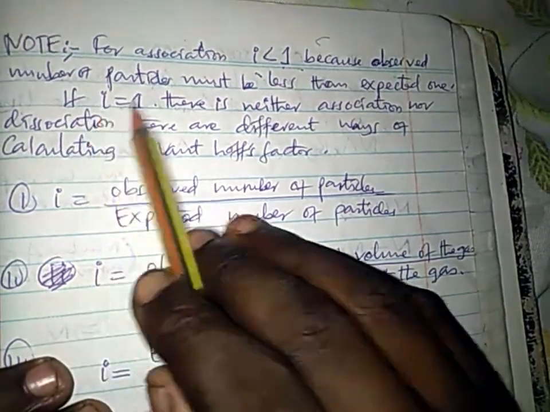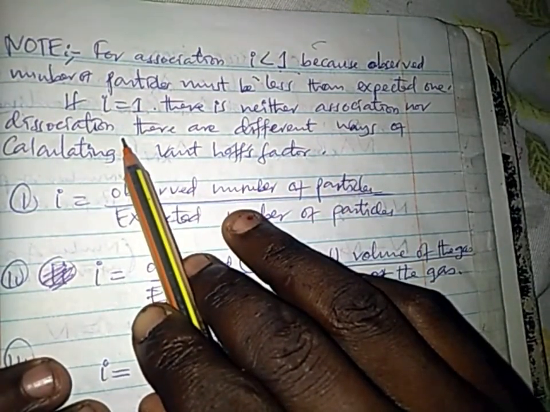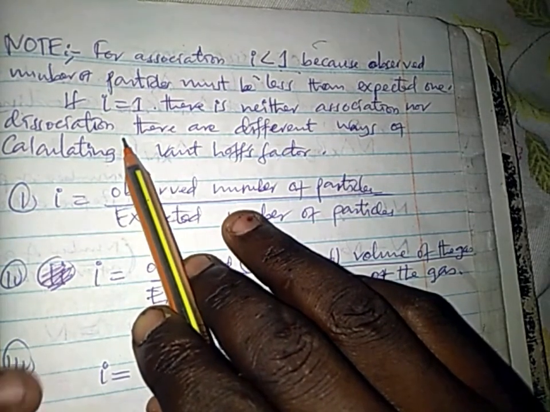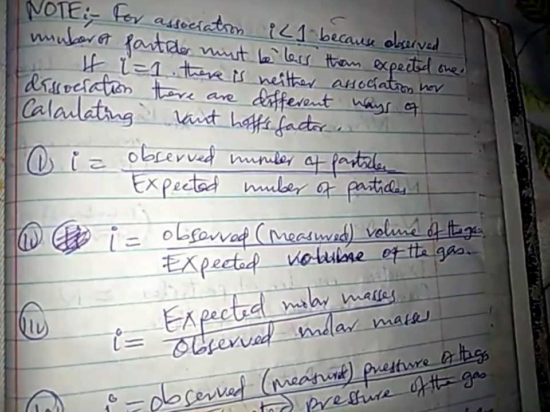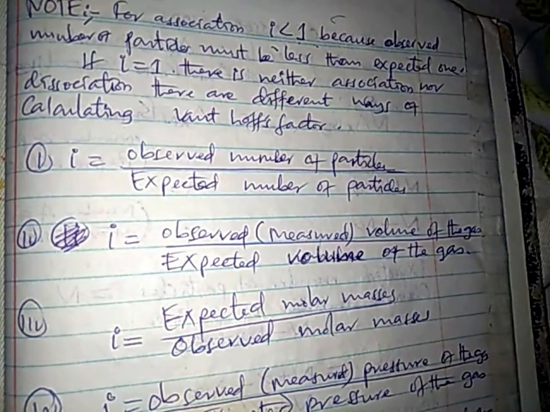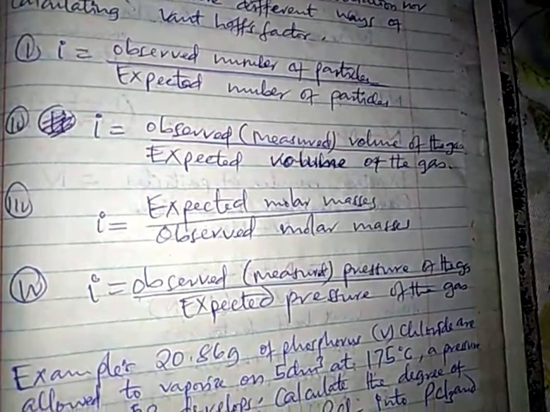If Vantage factor is equal to 1, there is neither association nor dissociation. So Vantage factor kwenye association is less than 1, while kwenye dissociation is greater than 1. Hiyo ni kwa sababu ya calculation yenyewe ya formula ya Vantage factor. Kwa hiyo observed number of particles divided by expected. Hiyo ni moja kati ya njia.